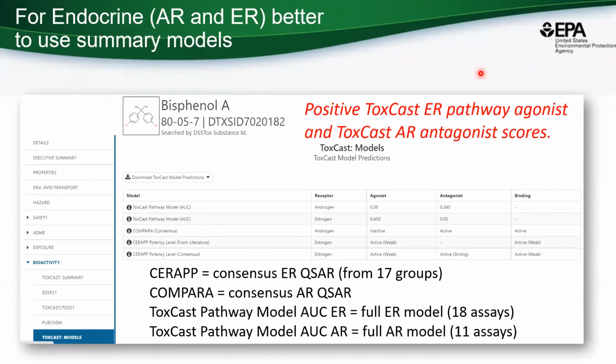We then use these models to predict for other chemicals in the dashboard when we believe these chemicals would be active against the estrogen receptor and androgen receptor, and they are reported in this ToxCast models subtab right here.